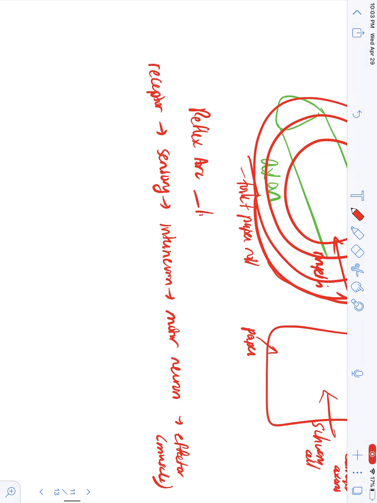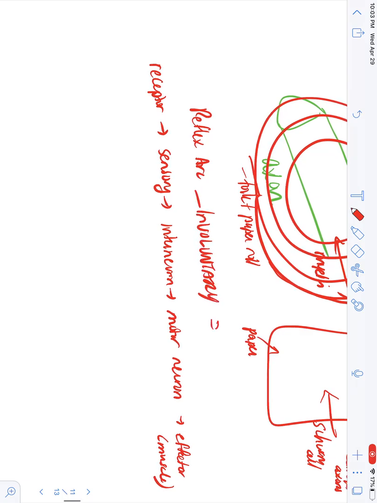The only reason we call it a reflex arc is because it's involuntary. It's like when you touch a hot stove. If it's extremely hot, you withdraw your hand automatically to prevent further harm. It's not like you touch a really hot stove and keep your finger on it and watch your flesh burn away.